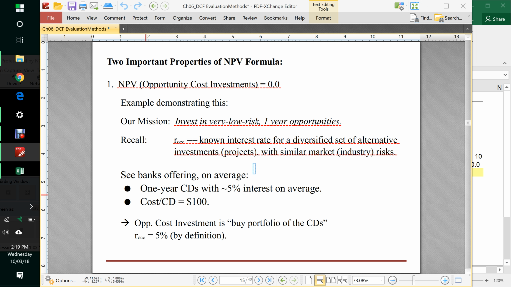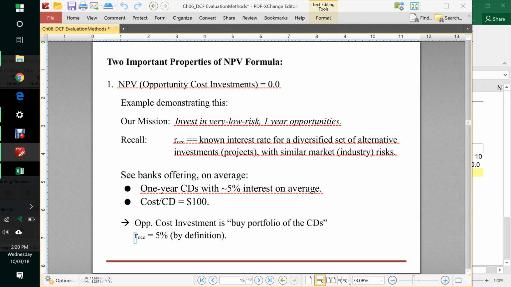Well, we could go out to something like bankrate.com and look at the one-year CDs that are on sale there for $100 per CD. And we'd find that the weighted average interest rate for all 100 of them is 5%. And so then our opportunity cost of capital would be 5%.